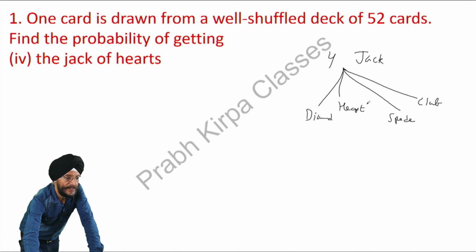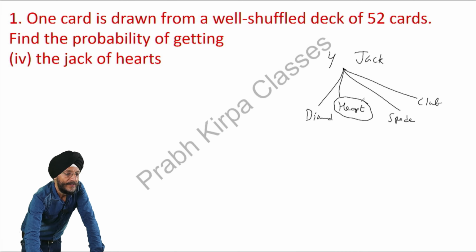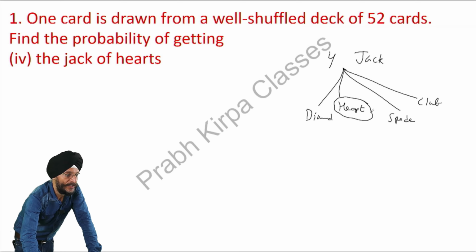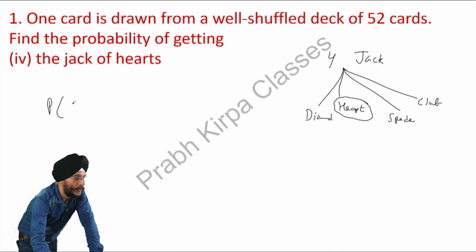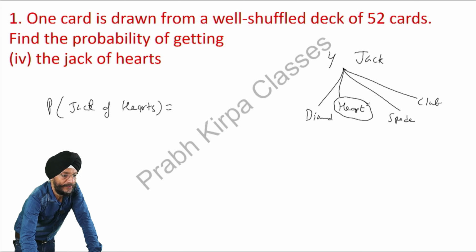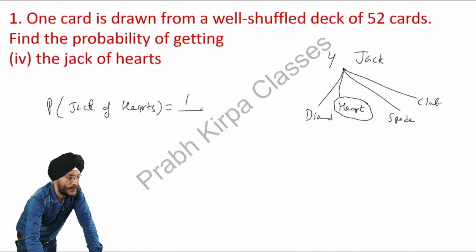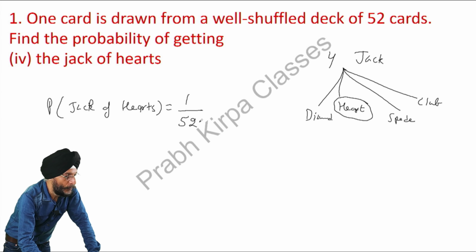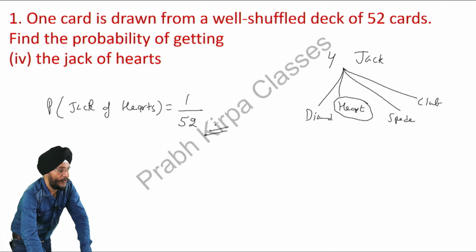So there is only one jack of hearts. So what is the probability of jack of hearts? How many cards are jack of hearts? You can find that it is only one. So what is the total number of cards? These are 52. So this is the answer before you.